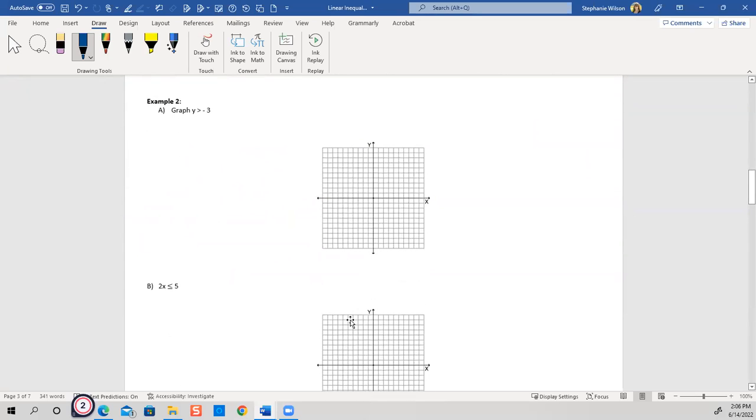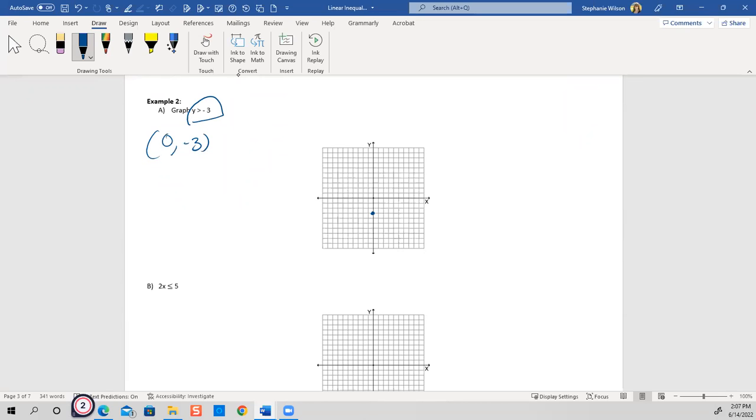On example 2, we notice that we have y is greater than -3. If I ask what x is, well, x is not showing. What it's telling me is that no matter what happens, y will always stay at -3. So let's make our horizontal line. Go down from the origin 1, 2, 3, because y is -3. I'll pick the ordered pair 0, -3 for sure.